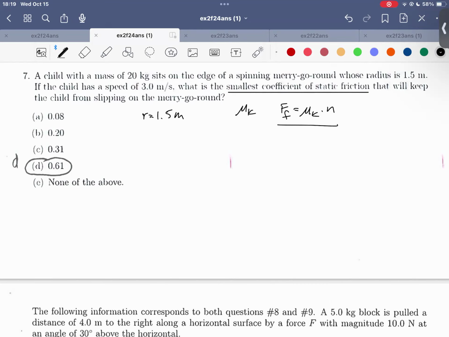So this force of friction is going to equal actually the centripetal force. So now we can say this is equal to force of friction. So mass v squared over r is equal to mu mass times gravity. And from here we can actually cancel out the masses, right? And we just solve.